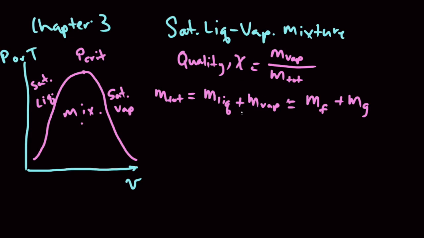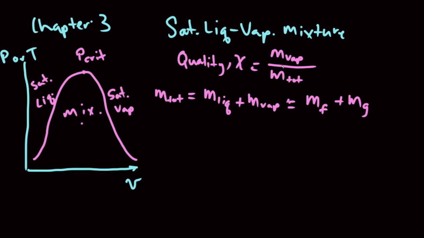Now, what I tell students is the reason it was created this way, not mass of the liquid over mass total, is that in the early days of thermodynamics, when the Industrial Revolution was taking hold and we were using fossil fuels to power things like steam engines, you wanted to find out how much vapor you had over the total quantity.